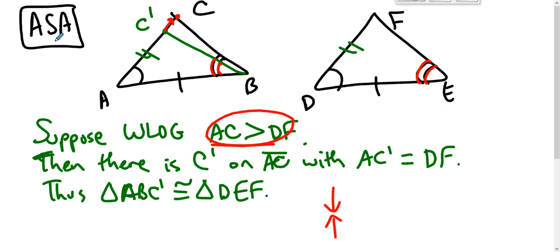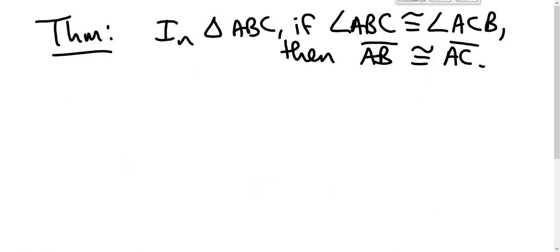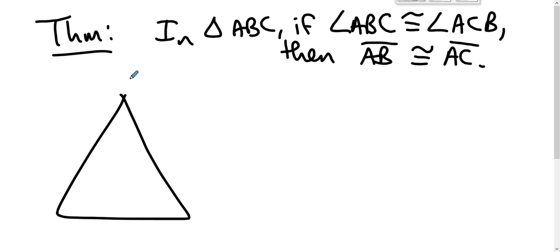And that is necessary because we're going to do something you did in high school. Triangle ABC. If angle ABC is congruent to angle ACB, then this side must be congruent to that one. You're like, wait a minute, we proved that already. No, we proved that if these two sides are congruent, then those two angles are congruent.